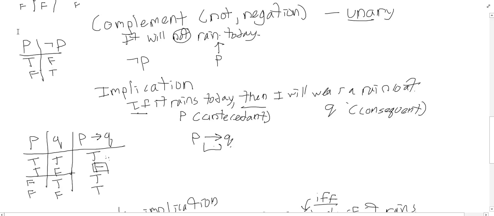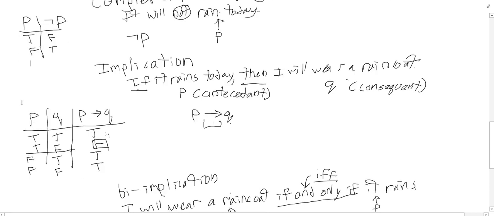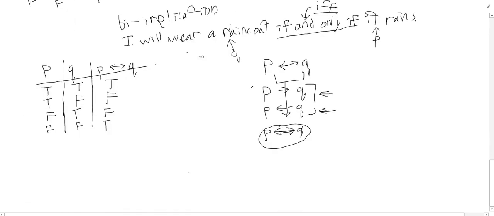The number of rows in your truth table is dependent upon the number of variables that you have in your compound proposition. In the simple case here with a negation, where we just have one variable, P, there's only 2 rows. In the more complex case where we have 2, there are actually 4. The simple formula for the number of rows is, let me get some fresh space down here, 2 to the n, where n is the number of variables.